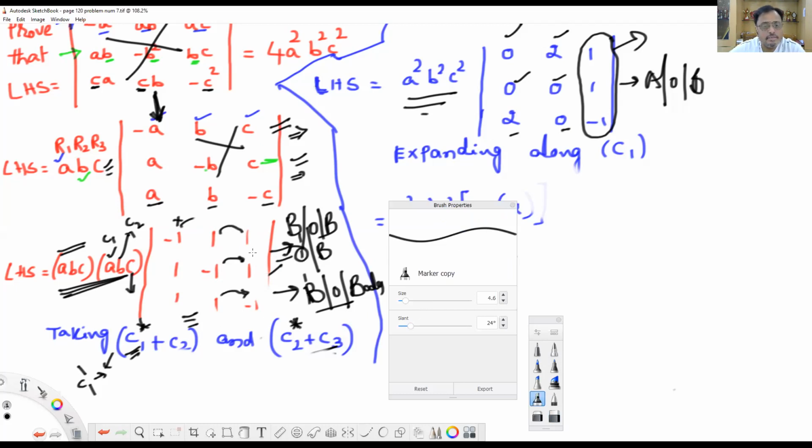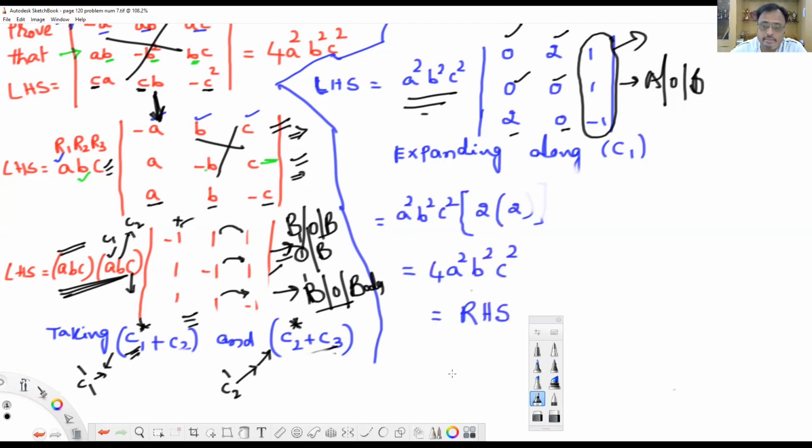So after C2 plus C3, here we are finding a new C2. Some authors will write like this: new C2, C2 dash, means a new C2 will be formed by taking C2 plus C3. Now here, look here, these are the changes.